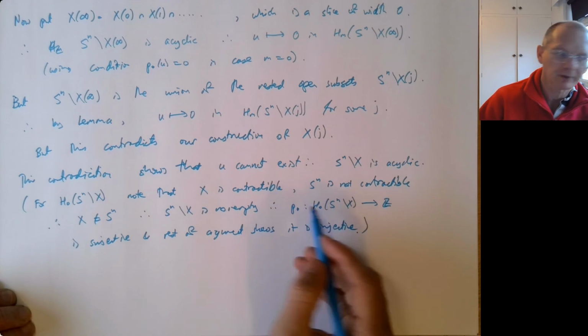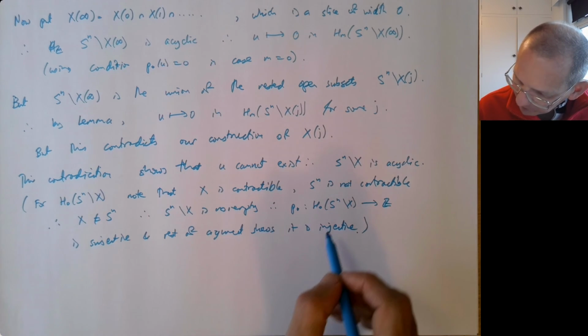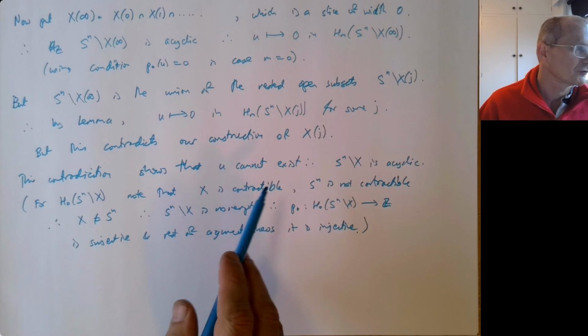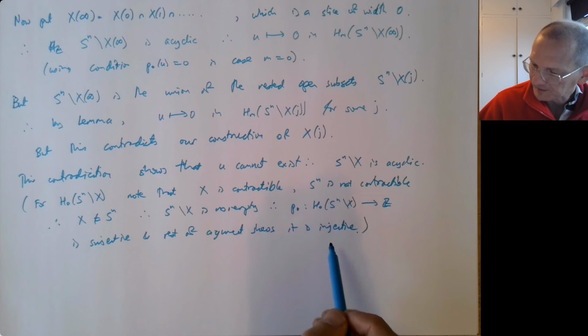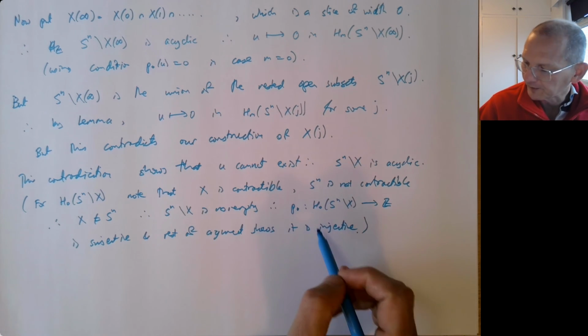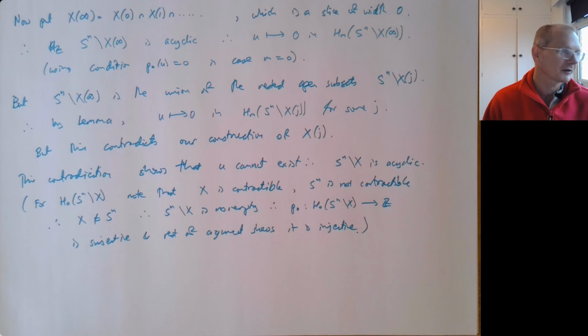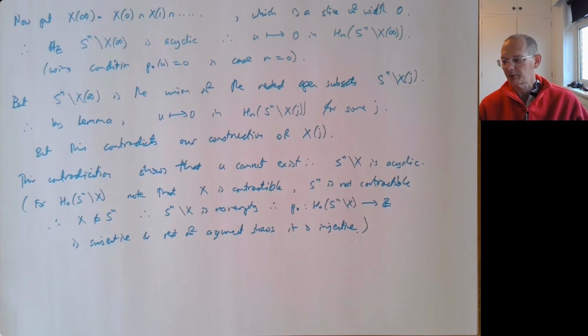Okay, so we do need to know that this S^n less X is non-empty, but that's true because X is contractible and S^n isn't, so S^n can't be the same as X. So that means that you've got at least one path component here, and therefore your P lower star from here to Z is surjective, and then if you look back to the rest of the argument, that's going to show us that this P lower star is actually injective as well.